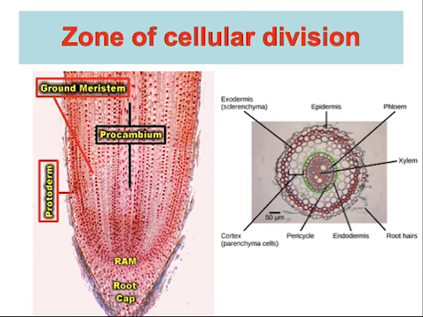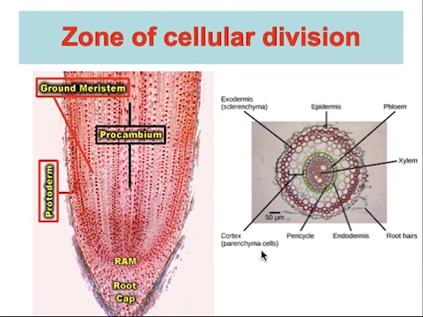So you can see in the cross section here, the protoderm will develop into epidermis. Ground meristem becomes the cortex, including the endodermis.